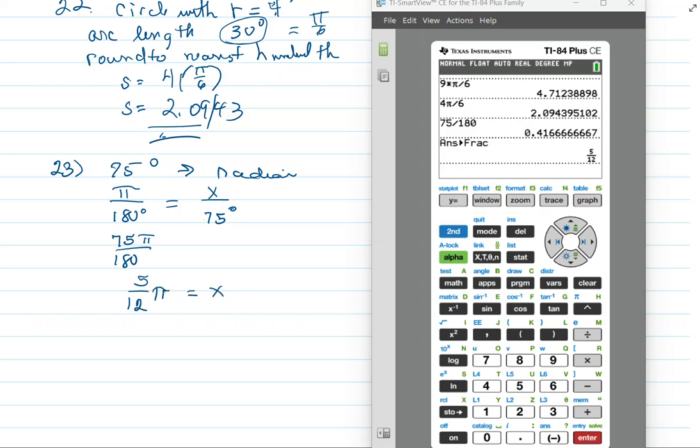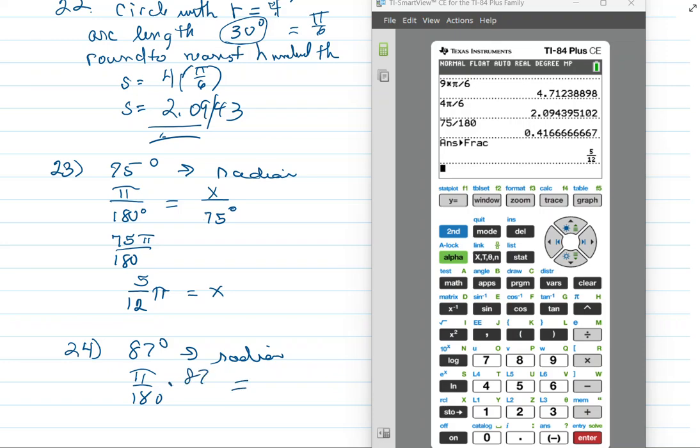And then we have that 24 is 87 degrees to radians. Oh, I have it backwards. I want pi over 180 times the 87.